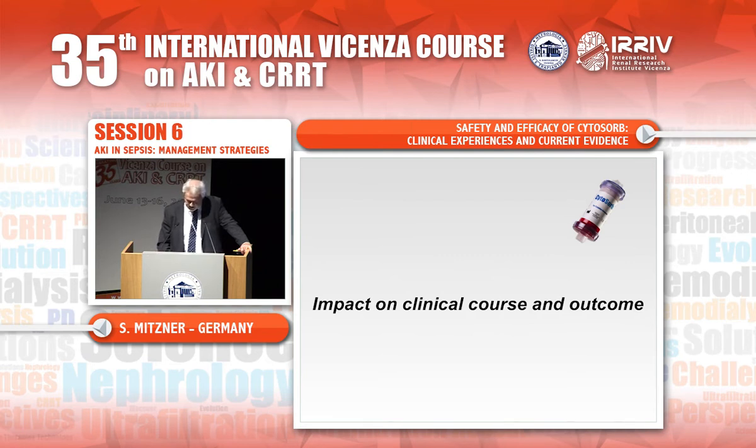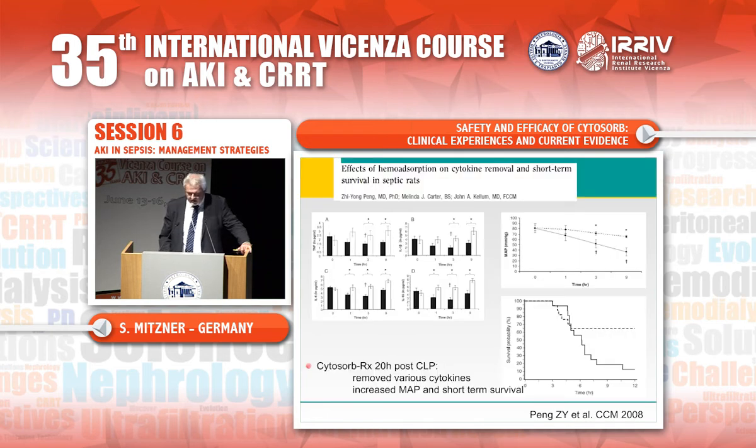Well, then, as this is obviously an interesting question, much too early to ask for definite data, but what information do we have on clinical course and outcome? Well, at least in septic rats, they can take advantage from the treatment, as John Callum and colleagues showed. They had a cecal ligation and puncture model in rats, and they found various cytokines to nicely come down as compared to sham: TNF-alpha, IL-6, we saw that, IL-10, IL-1 beta.